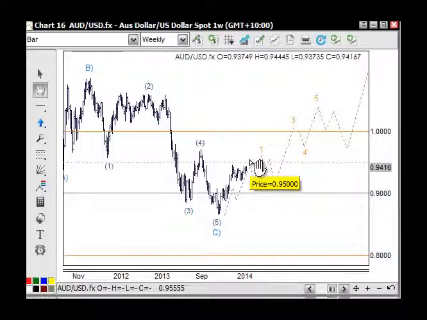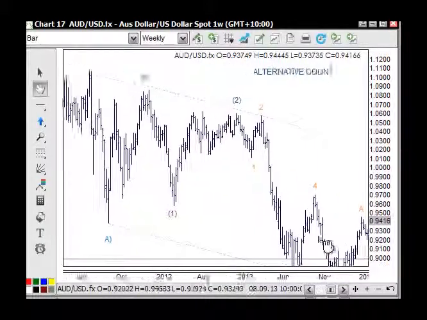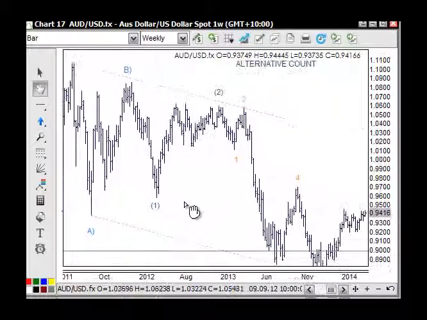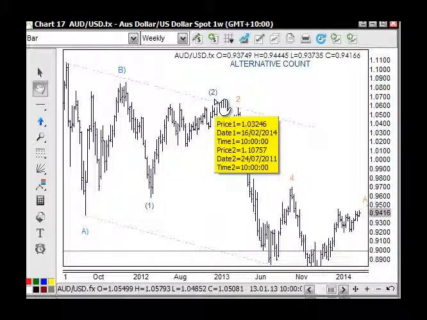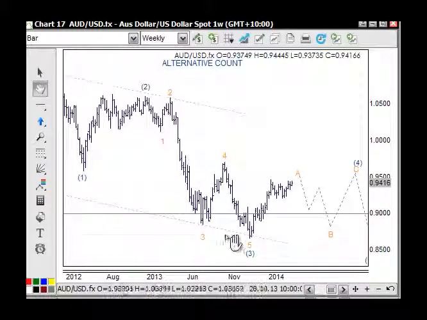However, with these 5 waves here, there's still another bearish count, and if I can just bring it into the fold, it would be this one here. It's an alternative count, still has the A, the B here, but it has this here as wave 1, wave 2 to here, of intermediate degree, and wave 3 all the way down to here with 5 waves in it, 1, 2, 3, 4, 5.